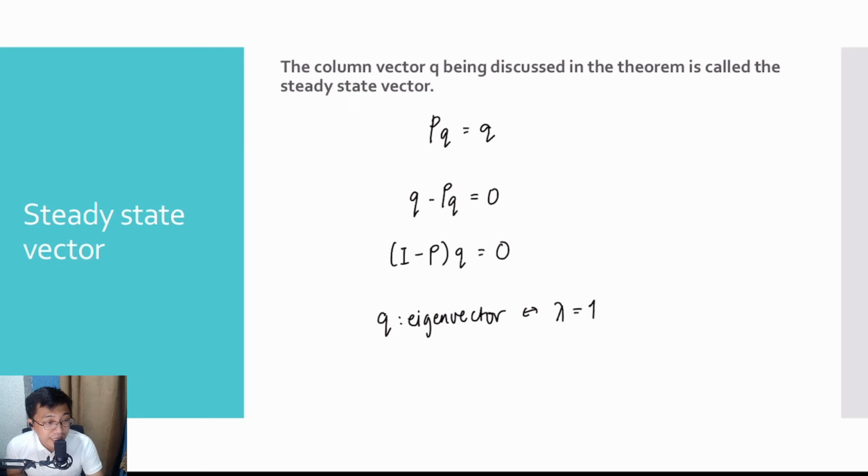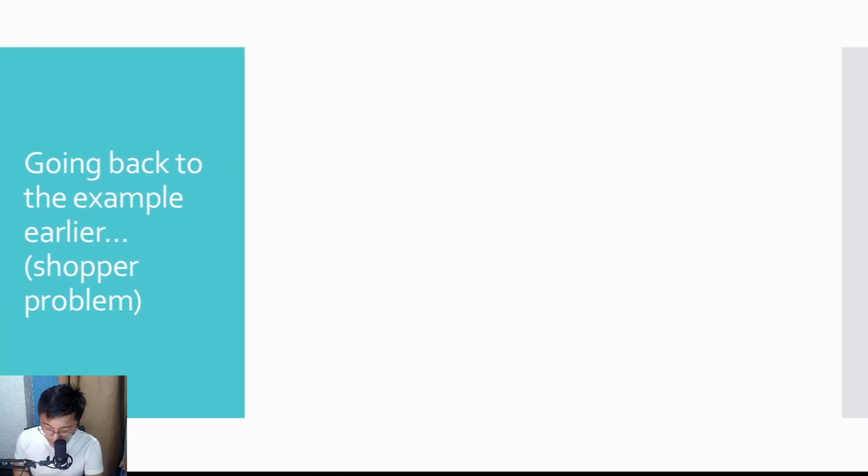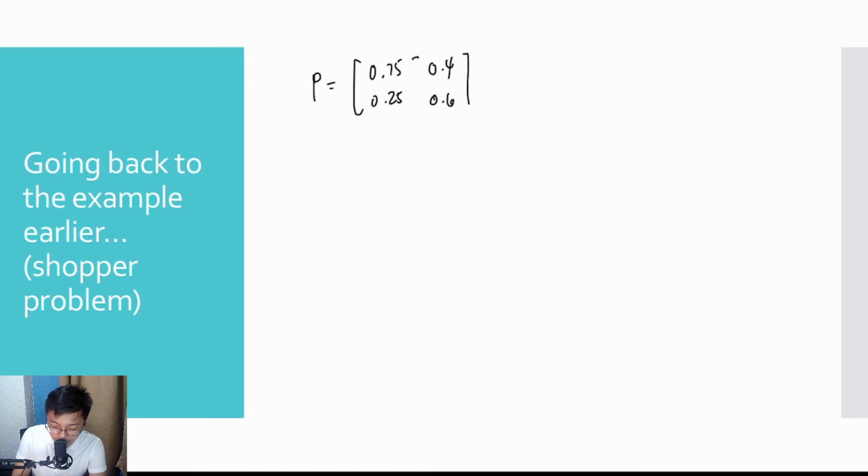Okay, so dito makikita natin application eigenvectors and eigenvalues. Okay, so magamit natin siya later to get the steady state vector. Okay, let's go back to the problem earlier about the shopping problem. So for the shopping problem, we know that the transition matrix is 0.75, 0.25, 0.4, 0.6.